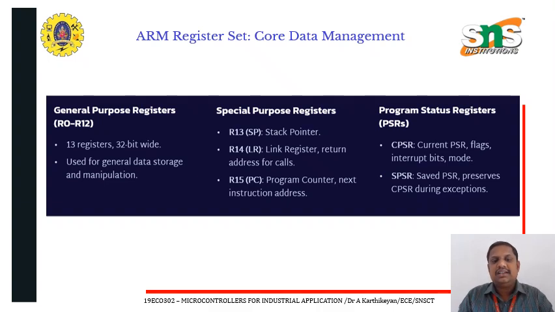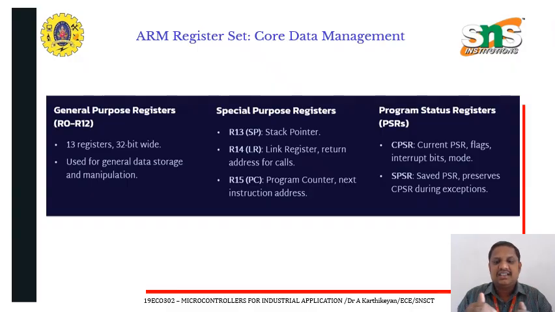Then the special purpose registers: R13 is SP, the stack pointer. R14 is LR, the link register, mainly used for the return address on calls. R15 is the program counter, used for the next instruction.